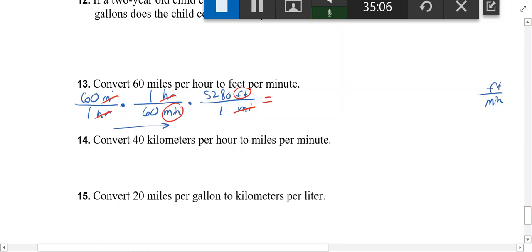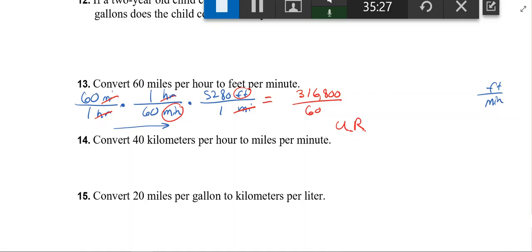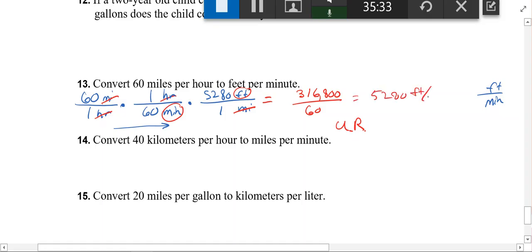So now we're going to multiply the top, 60 times 5,280. And the bottom is 60. We're going to change this into a unit rate. And that is right back to 5,280 feet per minute.